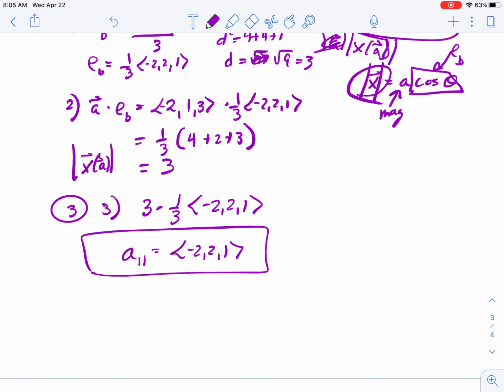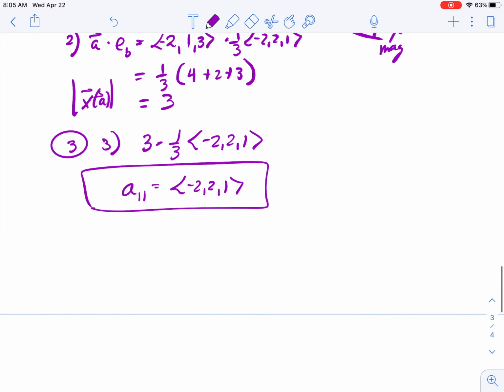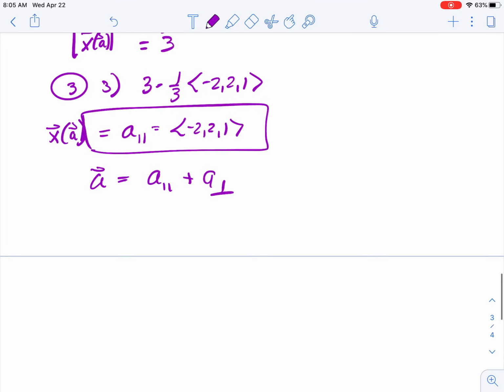Okay. All right. And now let's go ahead and find the x component. So again, remember this is the x component of A. So we have A component, it equals A parallel plus A perpendicular.